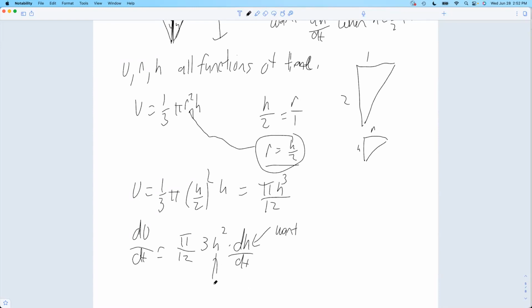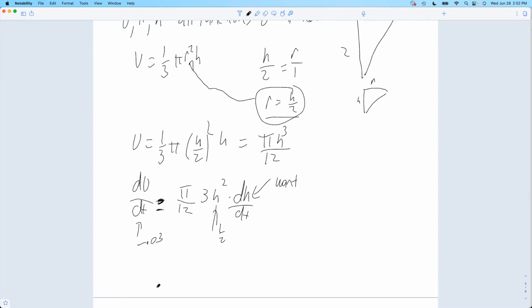I know h is 1/2 at the moment I care about, and this one's a constant. This is an equal sign right here. That was negative 0.03. So we get negative 0.03 equals pi over 12 times 3 times 1/2 squared times dh/dt.